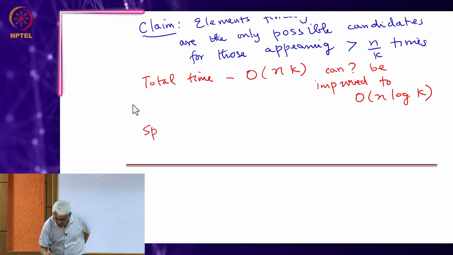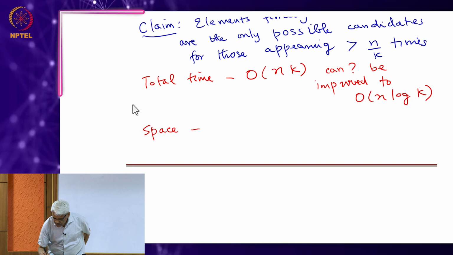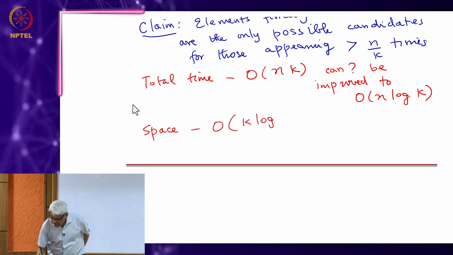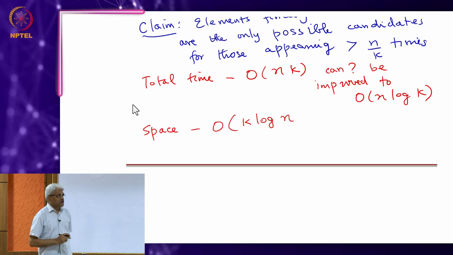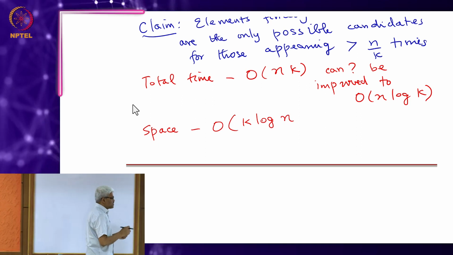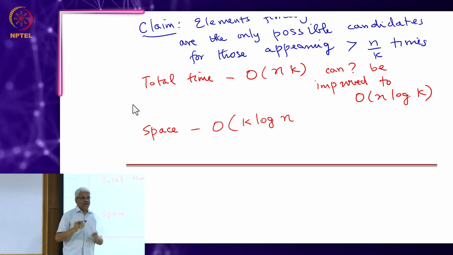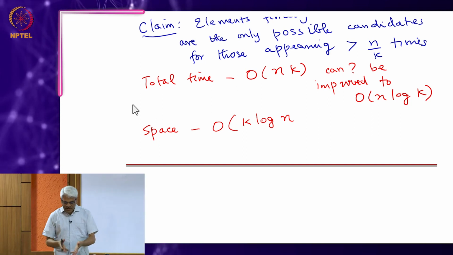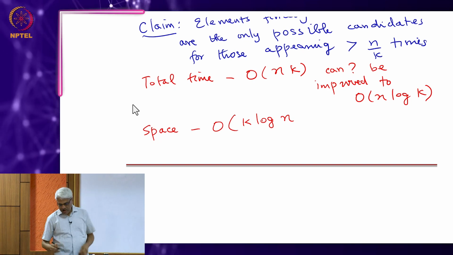Space is going to be k counters you are storing, so that's k log n plus your k elements you are storing. But maybe the elements you don't have to store, you keep some pointers or something.